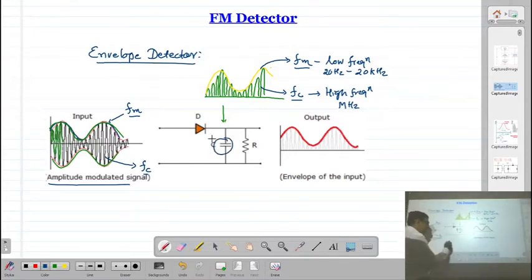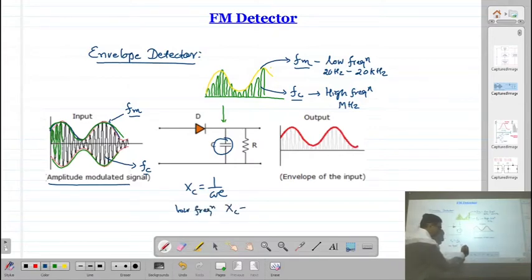In the filter capacitor, we know that the reactance is given by Xc = 1/(ωC). If this omega is low, for the low frequency, Xc will be large.